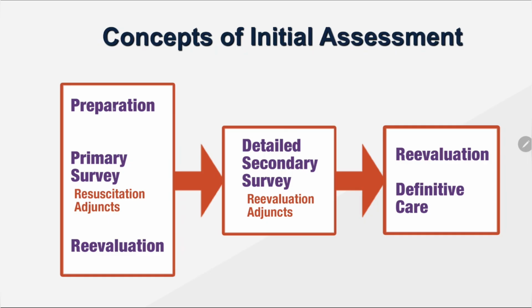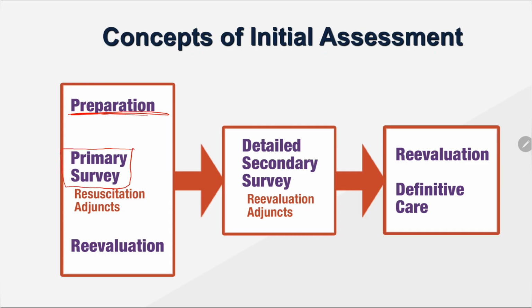Before everything, in the initial assessment, you have to prepare yourself. I mean, prepare your equipment, your personnel, and the resuscitation room. Then, when the patient arrives, you do the primary survey.